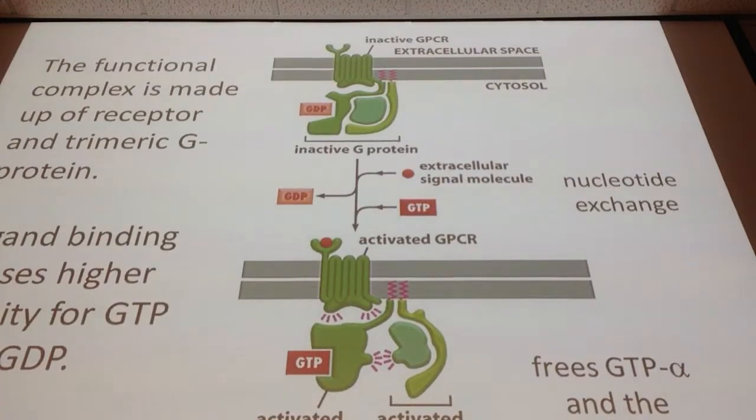So therefore a monomeric G protein only has really one enzymatic activity, and the trimeric G protein has 2 enzymatic activities. One of which is an intrinsic activity to exchange GDP for GTP.